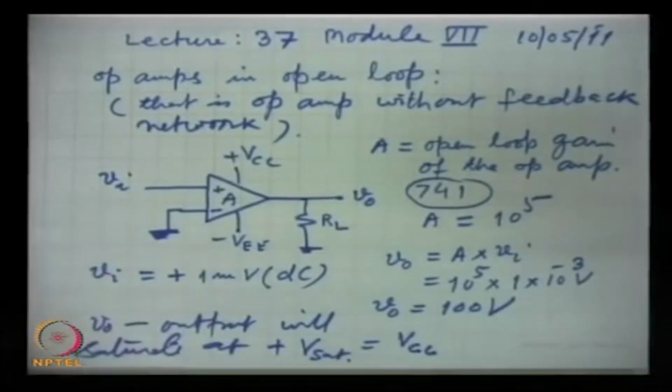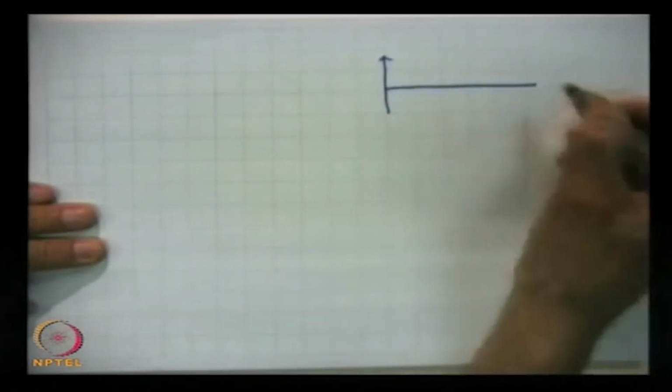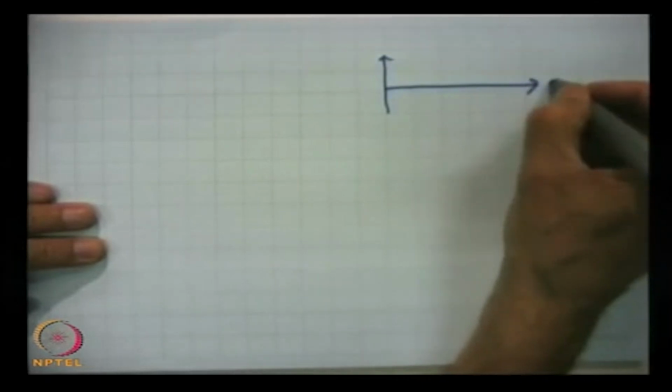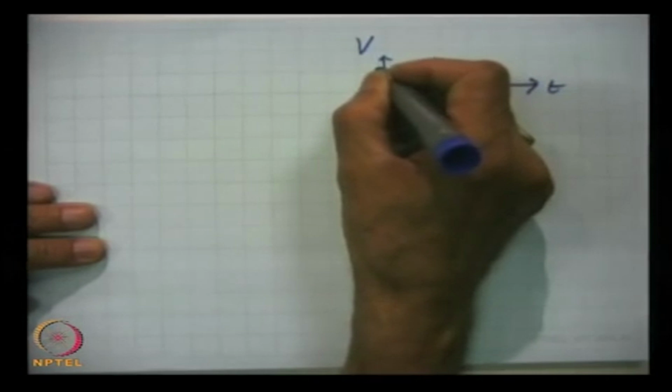So, it will saturate. What we will get with the non-inverting signal, the output will be like this. This is time, this is voltage, and this is Vsat.